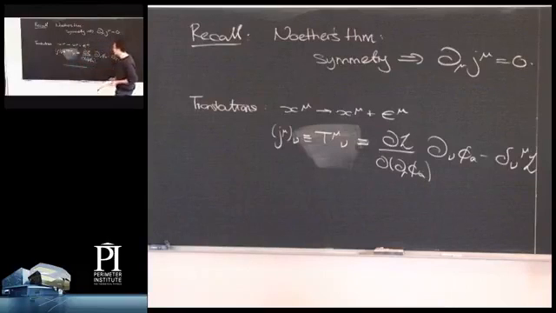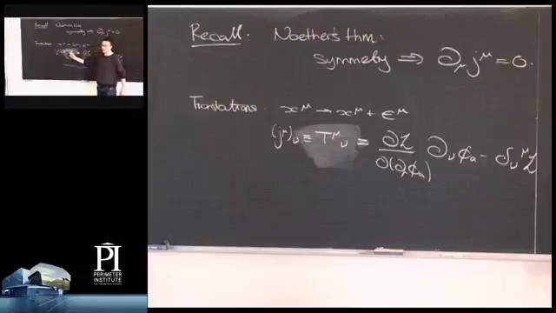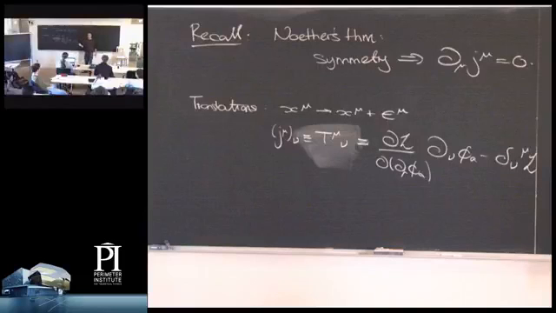A few comments about this, and I'm not going to write this down on the board, but it's all in the printed notes. For the specific example that we were looking at, which was just this Klein-Gordon theory, this object here, T mu nu, turned out to be symmetric in mu and nu when we actually did the calculation. That's not always going to be the case.